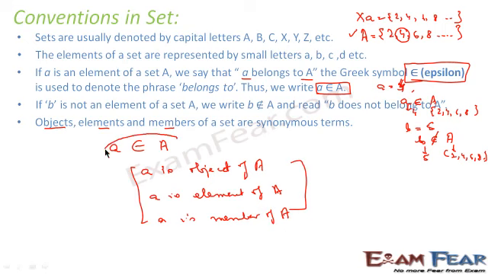Mathematically we say a epsilon A. Please make a note, because we will be using these terms, objects, elements and members. Please don't get confused. All are the same.